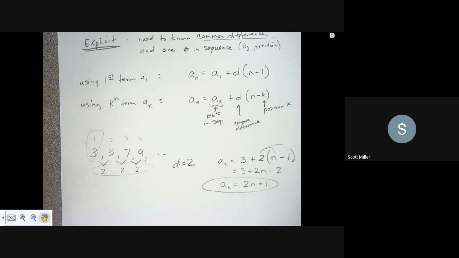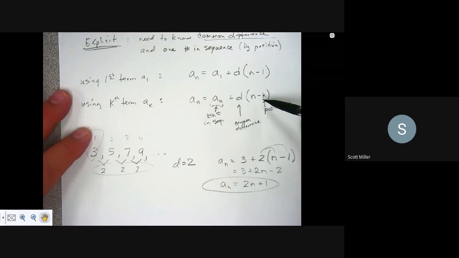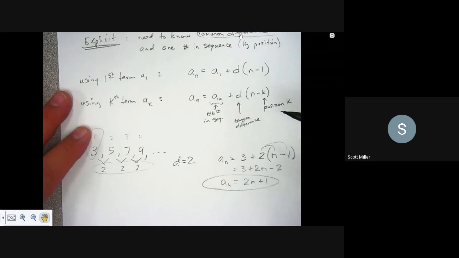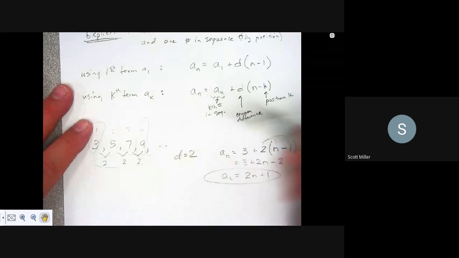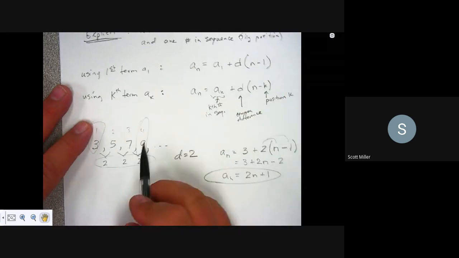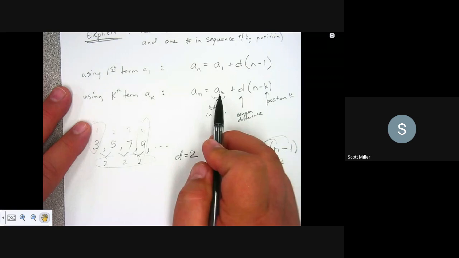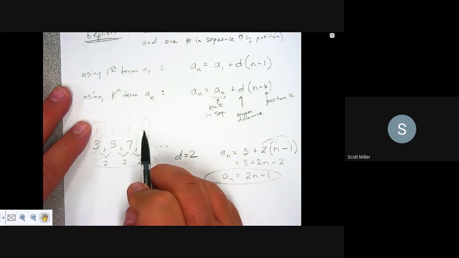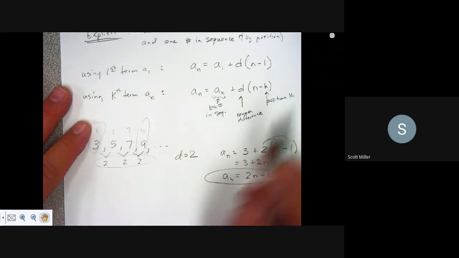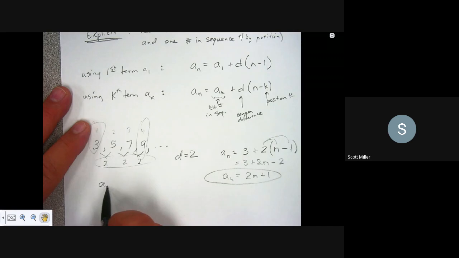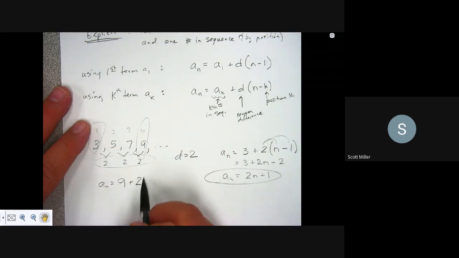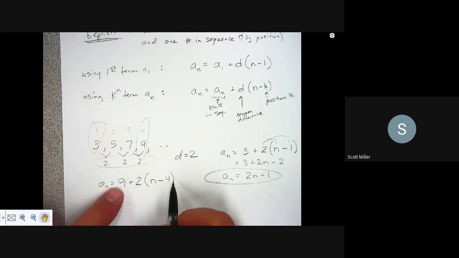Now, to show you that it works for any number in the sequence, we'll pick a different position value. Let's take the 4 and the 9. In this case, 9 is some number in the sequence, and 4 becomes the new position. So then that rule would be the number in the sequence, plus the common difference times n minus whatever position that number was in.